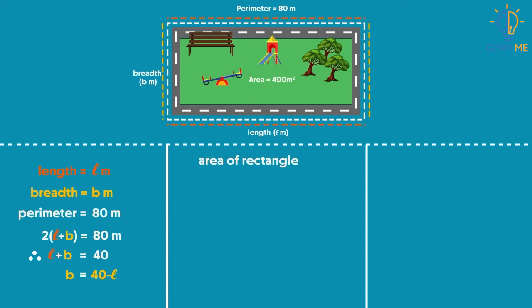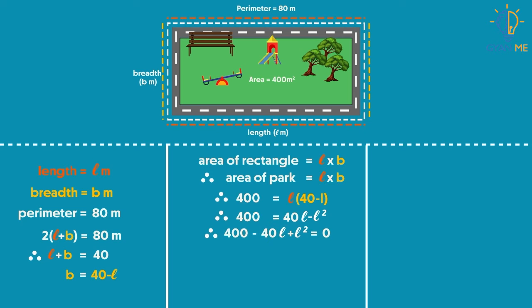Now we know that area of a rectangle can be calculated as length into breadth. Therefore, area of park is equal to its length into breadth. Therefore, area of park, which we are given as 400, is equal to L into (40 minus L). Therefore, 400 is equal to 40L minus L square.